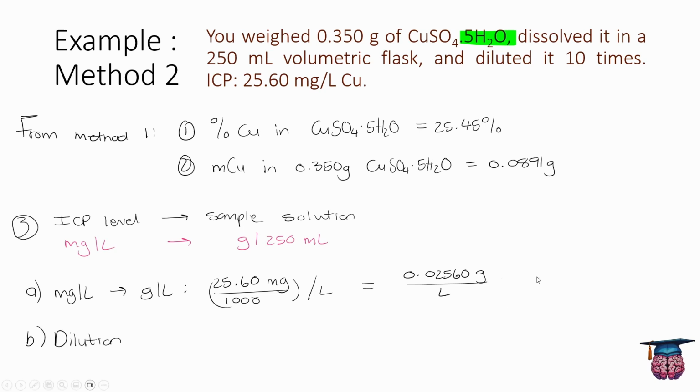Next, we need to take dilution into account. And now we're going to do the opposite than we did in method 1, because we are moving from an ICP level, which is a diluted version of our sample solution. So we are going to multiply by 10, and this gives us a value of 0.2560 grams per liter.